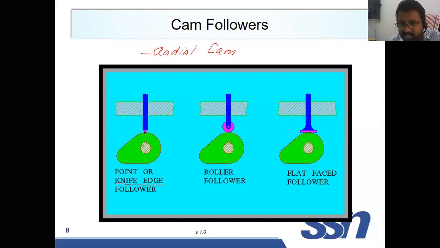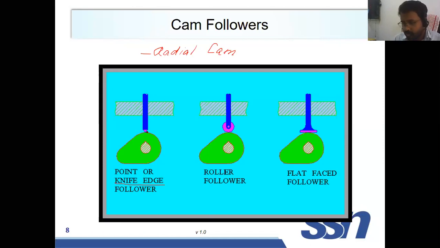So the contact is established only at that single point. It is like this sharp point. So when it is rotating, the contact is established only at a single point. For example, when it is rotating on a circular thing, the contact is established only at a single point.